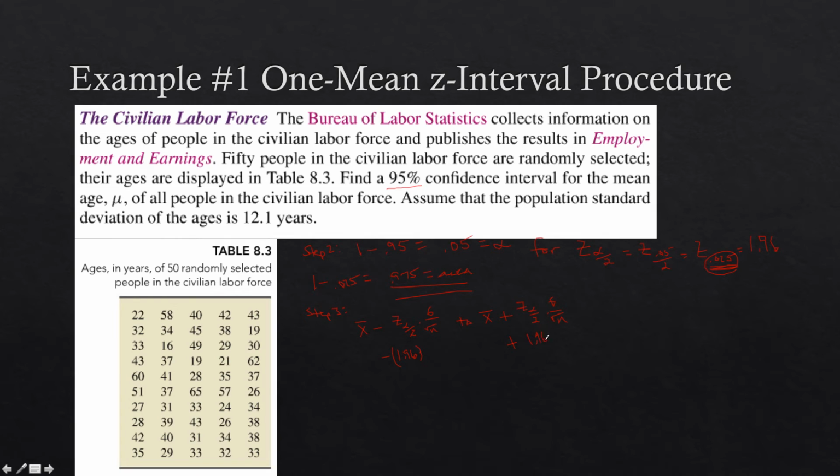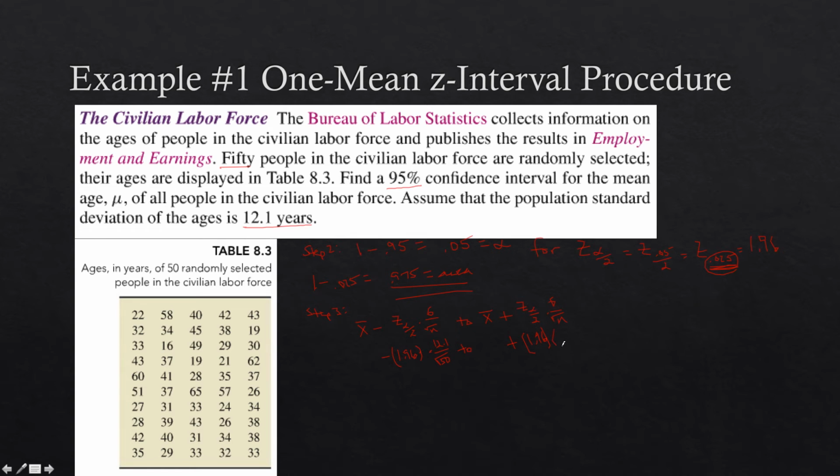We solved that. Now they told us in the problem that the standard deviation was 12.1 and that there are 50 people. So we can actually find this other part here. This is going to be 12.1 divided by the square root of 50.